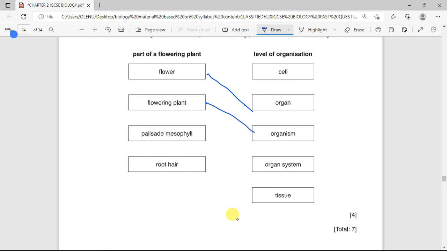Palisade mesophyll cells. Root hair cells. Palisade mesophyll tissues, because they are a group of cells together, that makes it a mesophyll tissue.